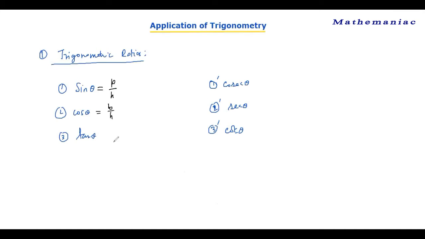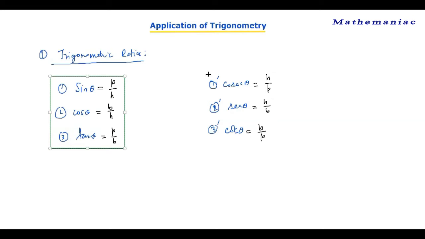Cos is B by H. Tan is P by B. Cosec is H by P. Sec is H by B. And cot is B by P. These are the basic things we have to know just before we start with application of trigonometry. So these three and these three, total 6 ratios, are enough for us to start.